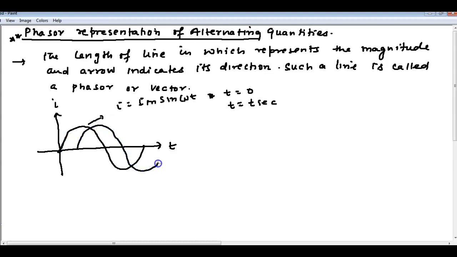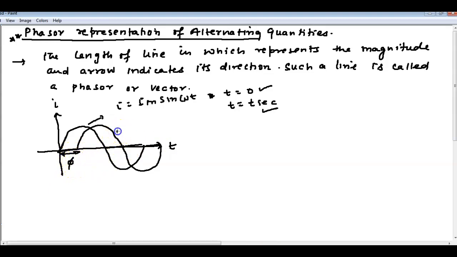Same magnitude, same frequency, so everywhere the difference will be the same, right? This gap will be the same. This one started at t is equal to 0, this one started at t is equal to t second, and the difference between these two currents is phi. This phi is called the phase difference.